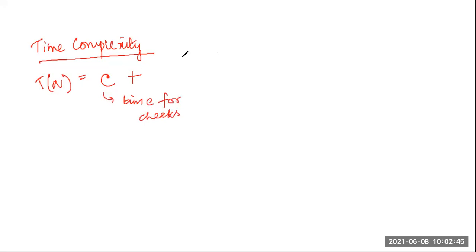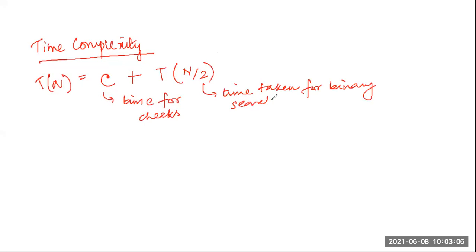And each time we are breaking our entire array by 2, right? This is the time, suppose I am indicating, which is taken by binary search recursion. Suppose this is our equation number 1.